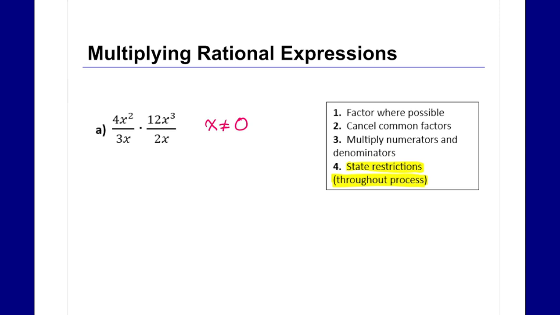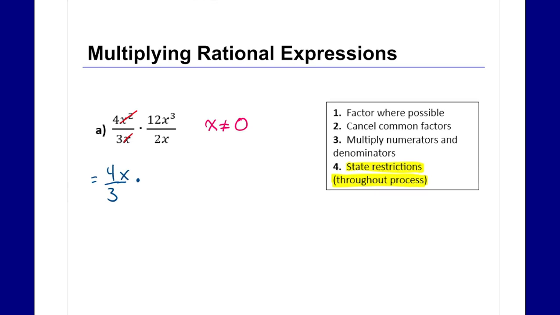Now, let's go through and simplify. I can't really cancel out any numbers, right? But I can cancel out some variables in the first one. I can cancel out the x and an x on the top. I'll be left with 4 over 3x, and that's going to be multiplied.